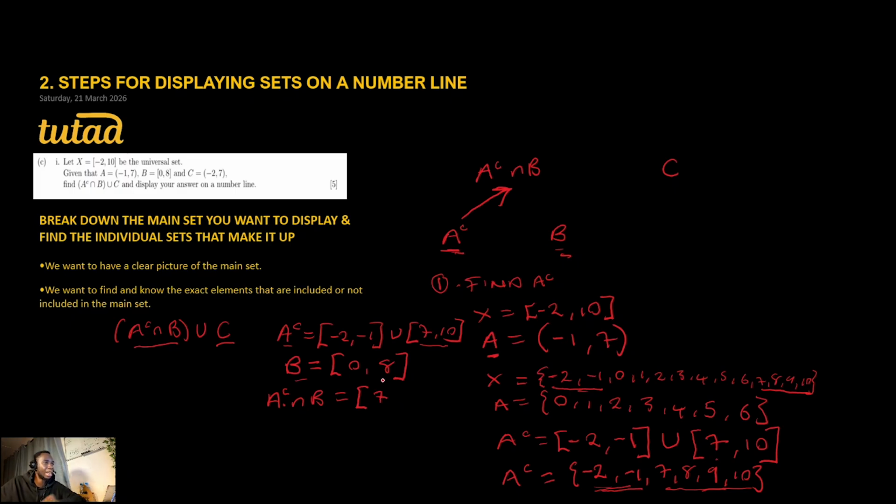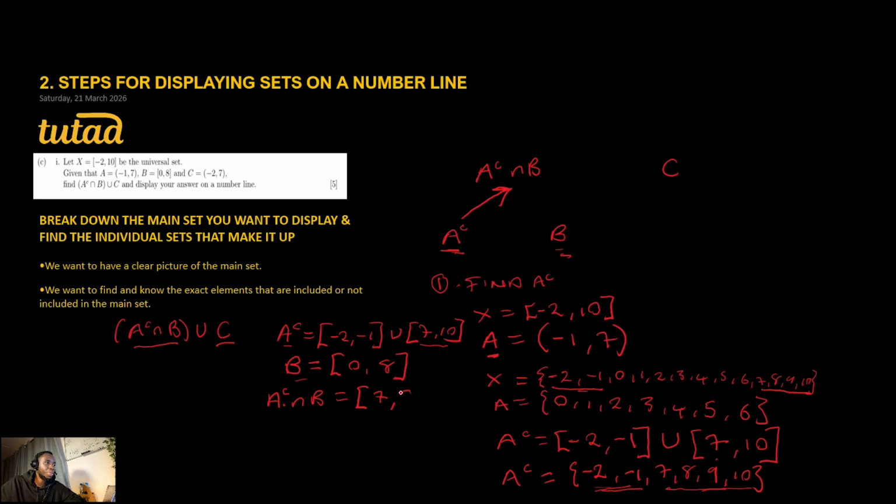Now, let's analyze further. The second part of A complement ends up to 10. However, 9 and 10 are not part of set B because set B ends up to 8. So 9 and 10 are not going to be considered, which means that in this case, the only other element that is common between set B and set A complement is 8 itself.